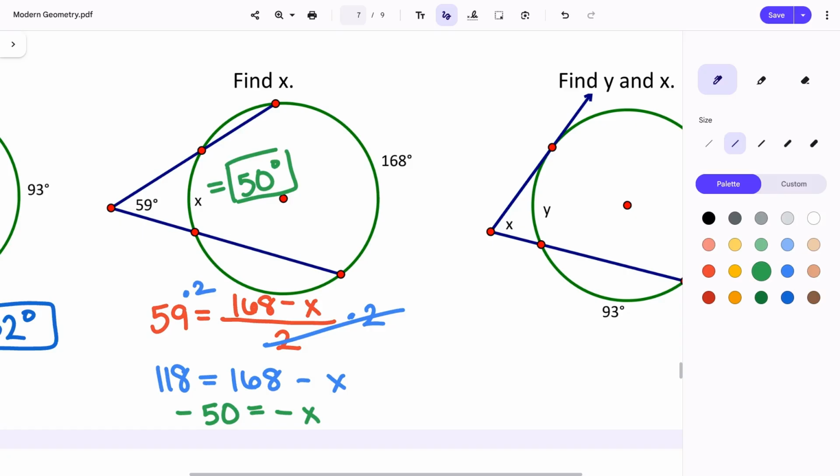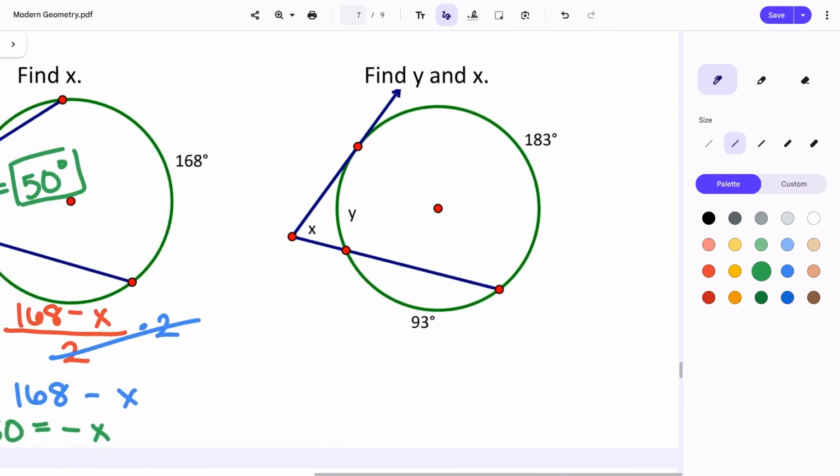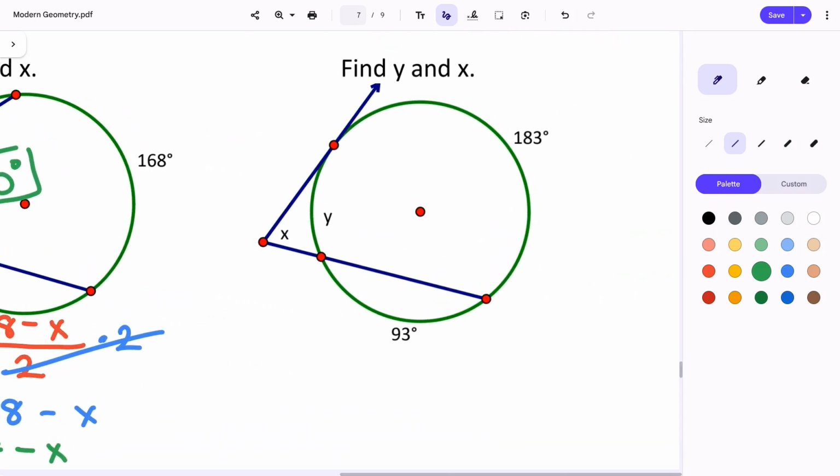Okay? All right. We got one last one here. We got to think a little bit. I need to solve for x and I need to solve for y. Anyone have an idea on how to do either? What do you see? Tell me what you're thinking. Okay, you want to solve for y? Tell me how you're going to do that.